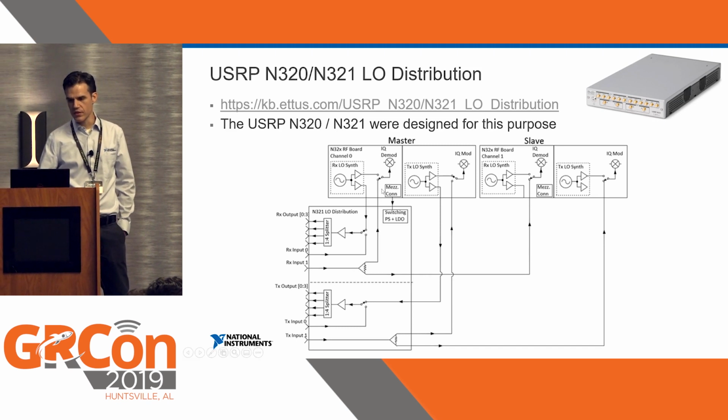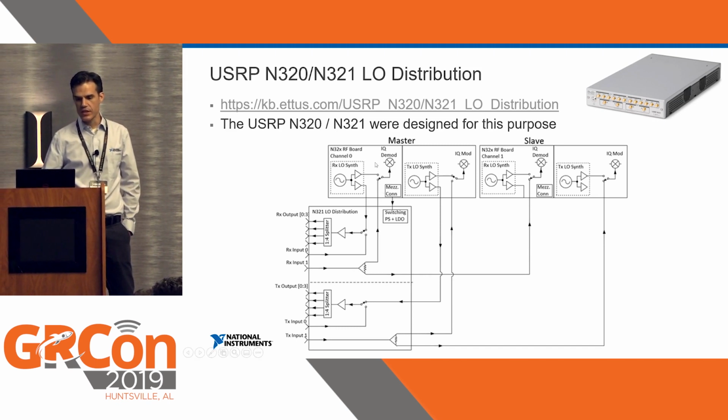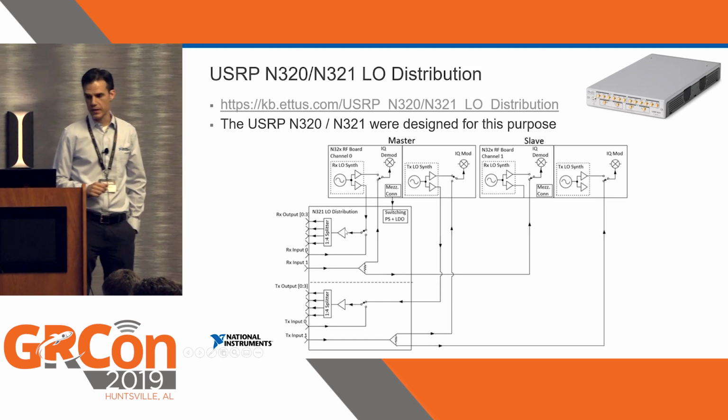And what you can see in this N321 diagram is that each of the receivers and transmitters has an associated LO distribution section where you can export the internal LO, you can import an external LO, and there's a 1-to-4 splitter and an amplifier.